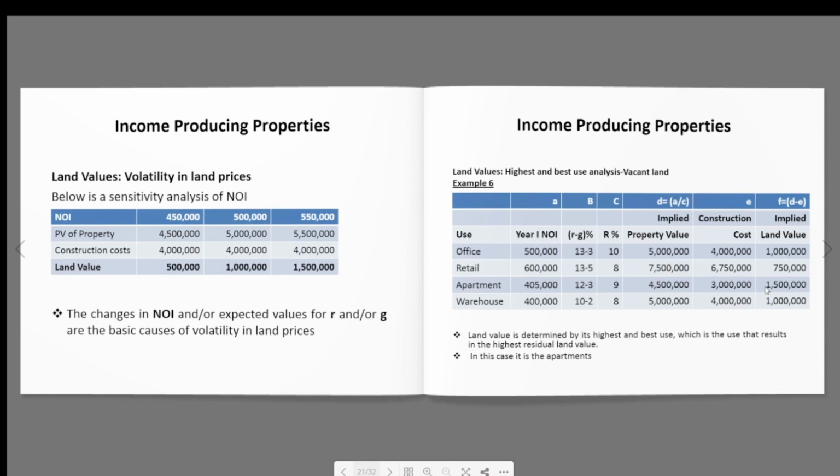So this is an important analysis which you can use, since you can note that the net operating income for the apartment is actually lower than the net operating income of both the office and the retail space, but this gives us the highest and best use of the vacant land in consideration of the construction cost, the expected rate of return and the growth rate.